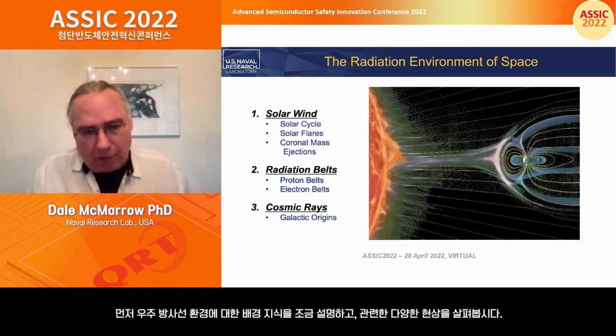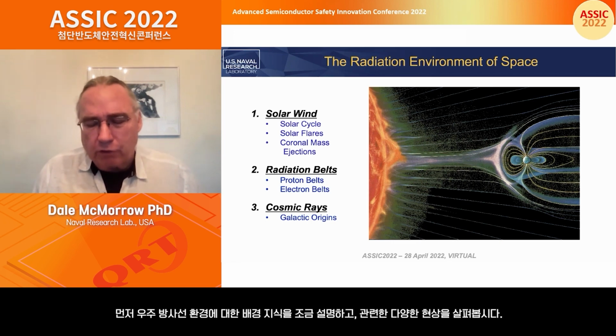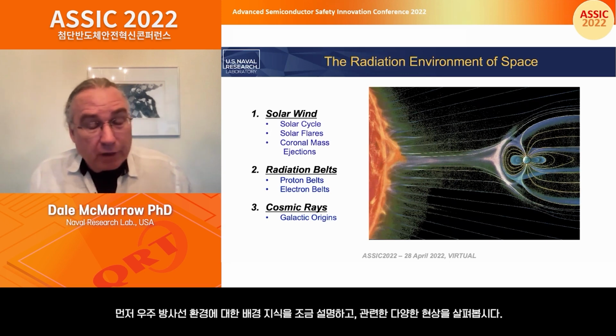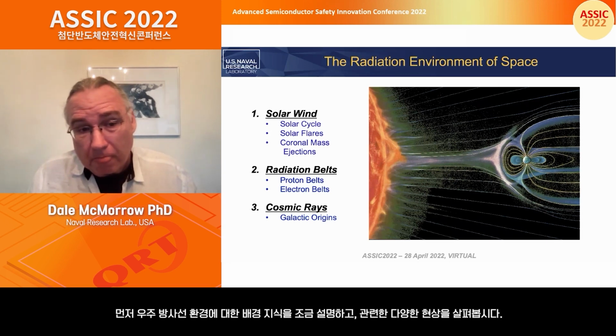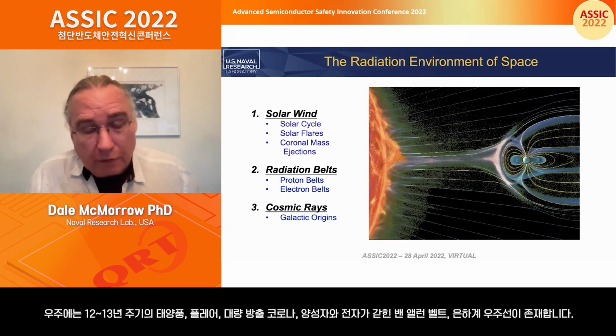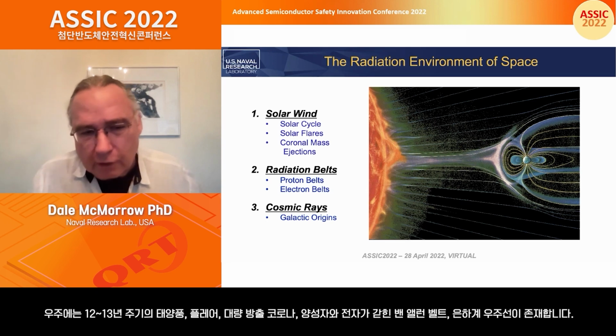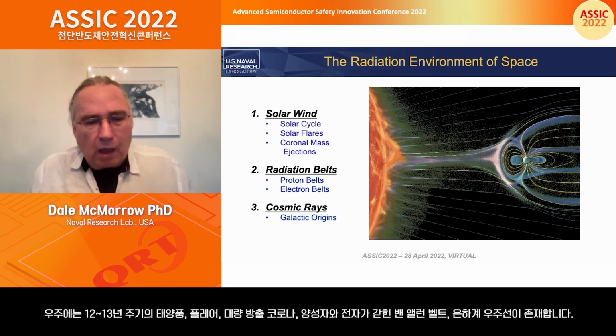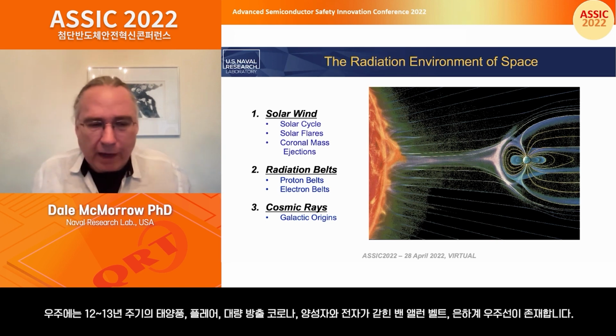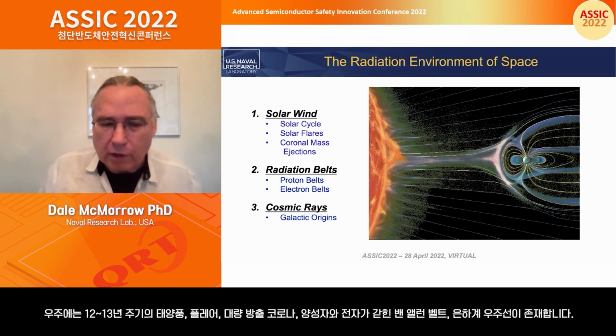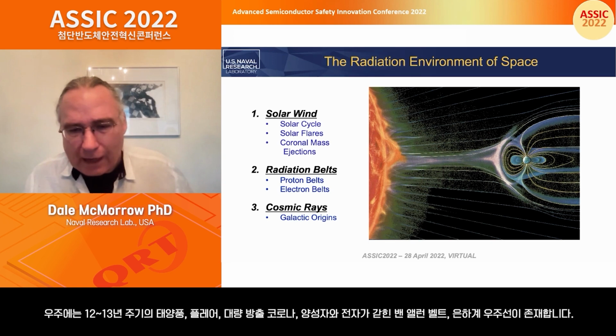Start with a little background. In terms of what we typically deal with in terms of the space radiation environment, we deal with various phenomena. You've got the solar wind, and that involves the 12, 13-year solar cycle, solar flares, coronal mass ejections, the trapped radiation belts, the Van Allen belts, which consist of protons and electrons, and of course, galactic cosmic rays.